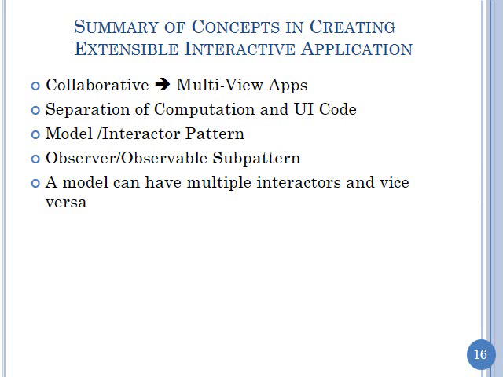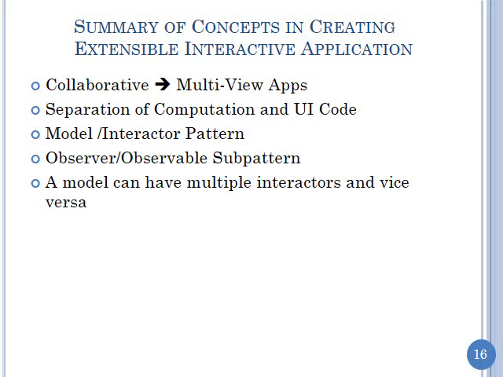Okay, so that's the basic architecture that I want you guys to go towards. And to summarize what I said, when you have multi-view apps, then there's a certain architecture you want to go towards. And when you have multi-user apps, then multi-view apps becomes more likely. The architecture you want to go towards should separate the UI code from the computation code.